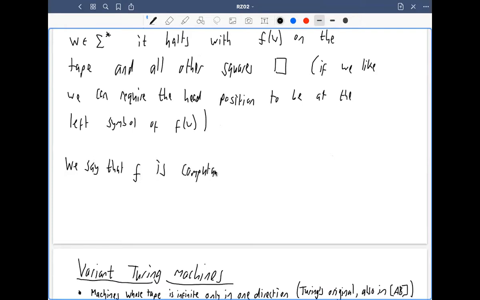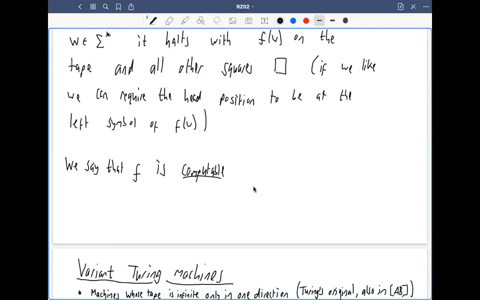So what we're interested in is, as well as a particular Turing machine computing a particular function, for a given function, does there exist an algorithm? Can we find some algorithm that computes that function? And if we can, we say the function is computable. So, in this course, we're only going to be interested in computable functions, and then we're going to look at the question, can we compute them efficiently?